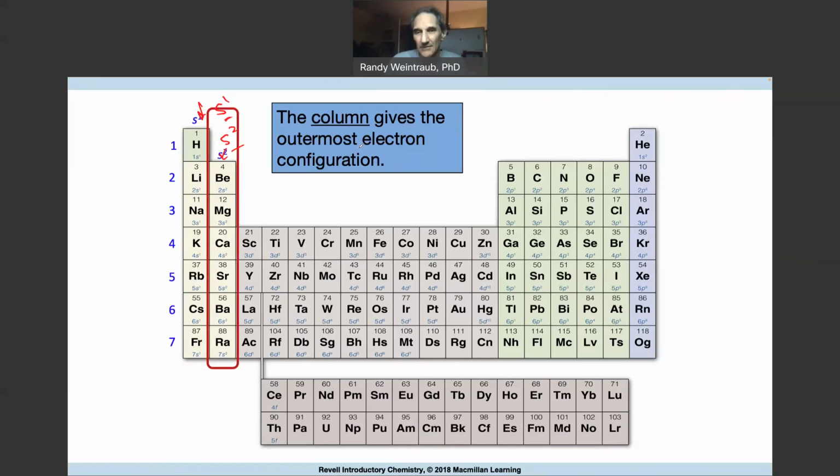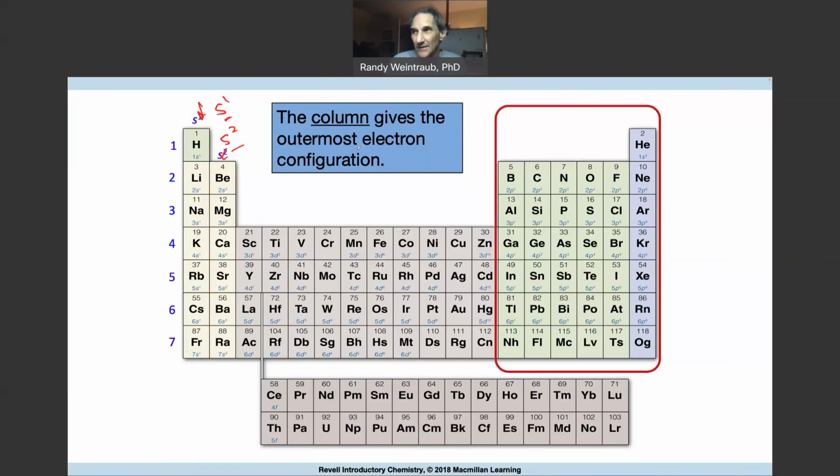Now let's look at the major groups. On the right-hand side of the periodic table, this group contains elements with highest energy level in the p sublevel, having p1, p2, p3, p4, p5, p6 electron configurations.